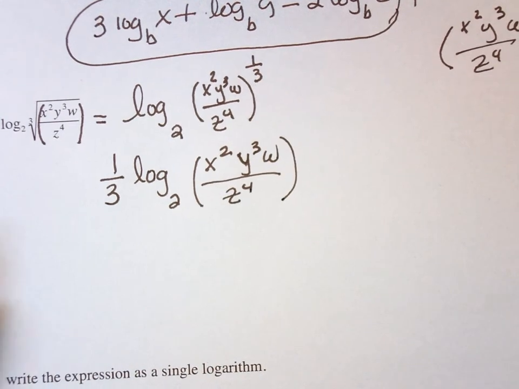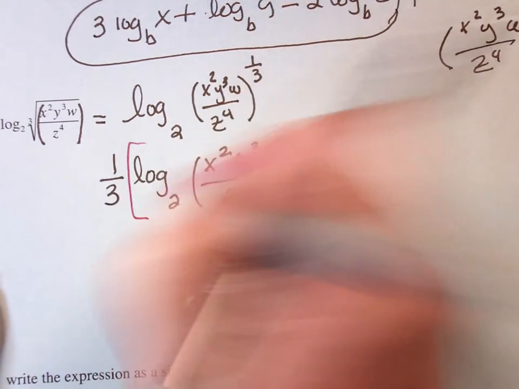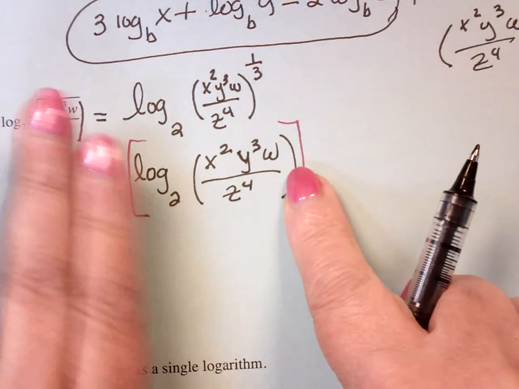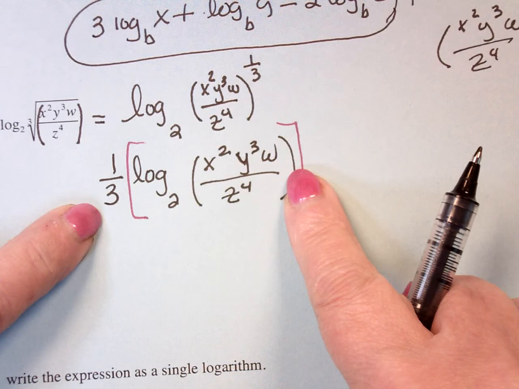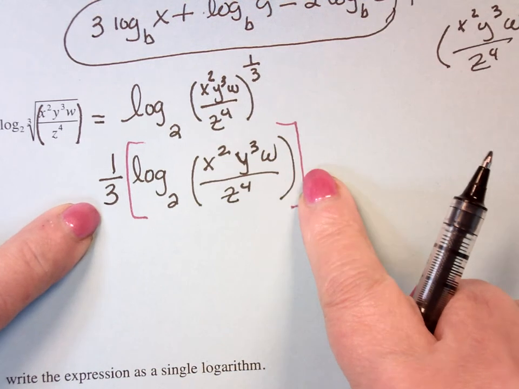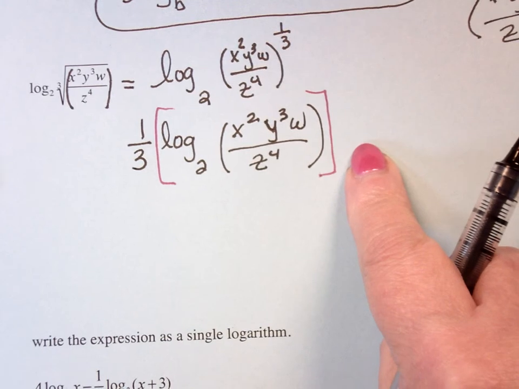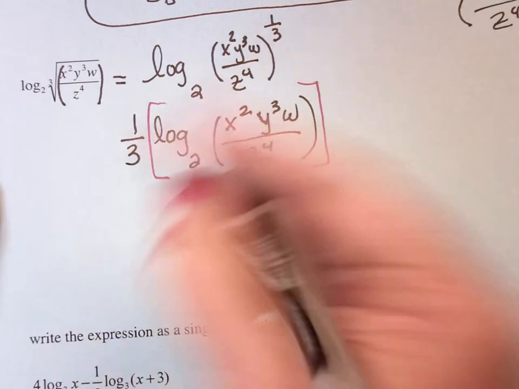But the problem is this, it's 1/3 times this thing, which means when I break this apart, that 1/3 sits on the outside. That's what I mean about it being on the edge of some of the more complicated problems in college algebra.